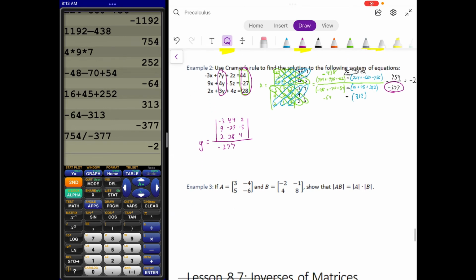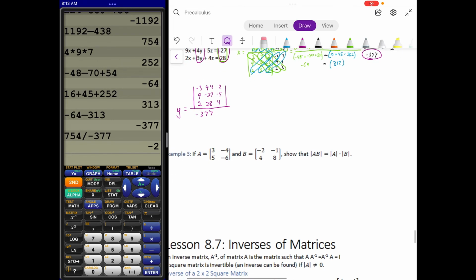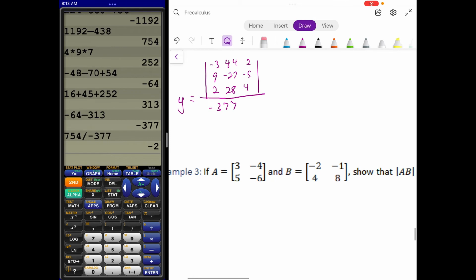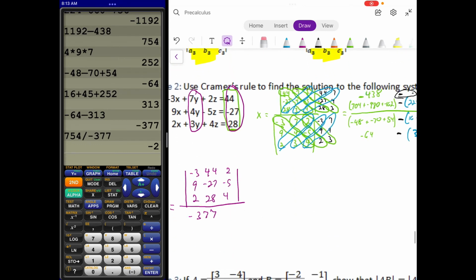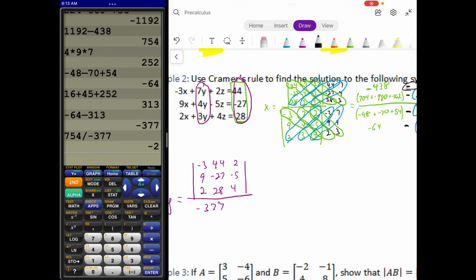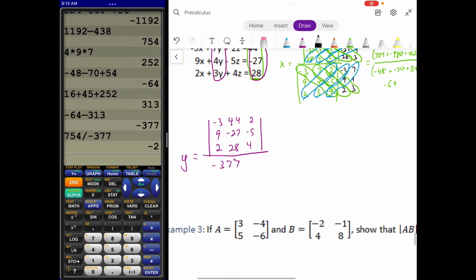And then we're going to rewrite our columns here. Sorry about that. -3, 9, 2, 44, -27, and 28.